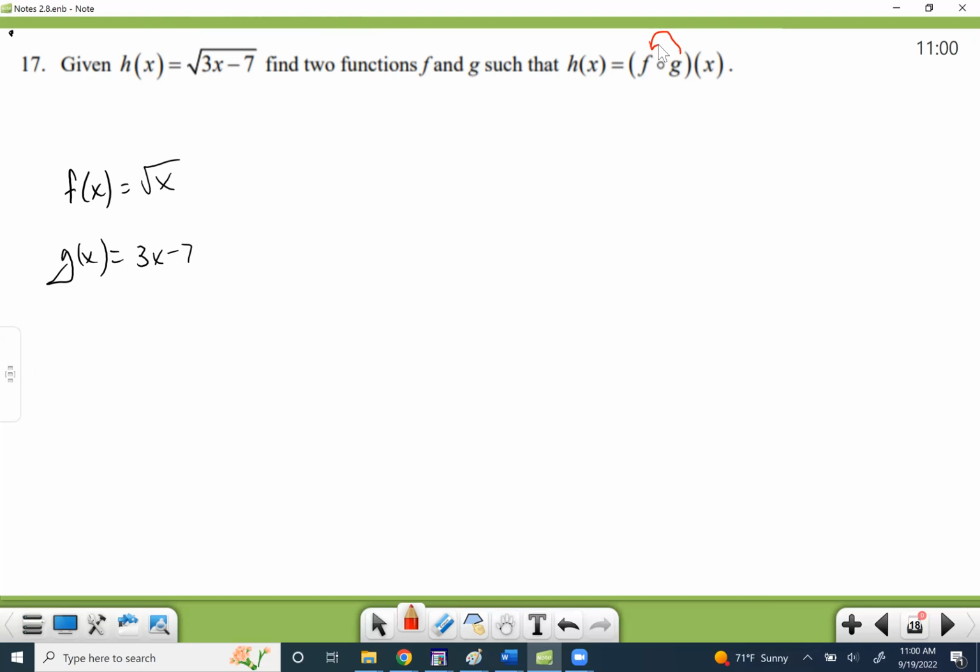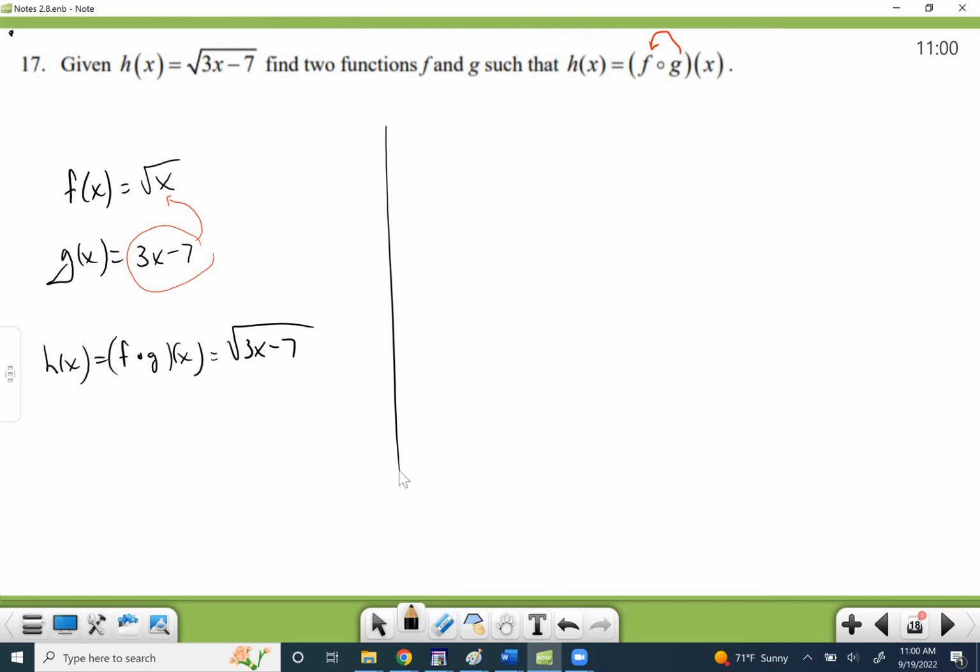So h of x can be found by doing f compose g of x, and that would mean plugging 3x minus 7 into the square root function. And it worked. It got us the original, right, you guys?